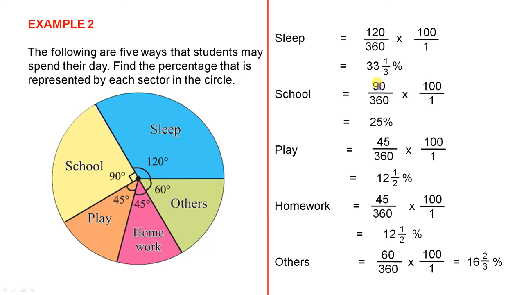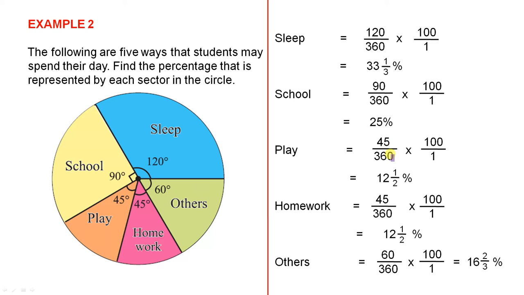Time at school represents 90 degrees over 360 times 100 over 1, which changes it to a percentage. That is easily seen as 25%, because 90 over 360 is a quarter, which is 25%. Playtime is 45 degrees.